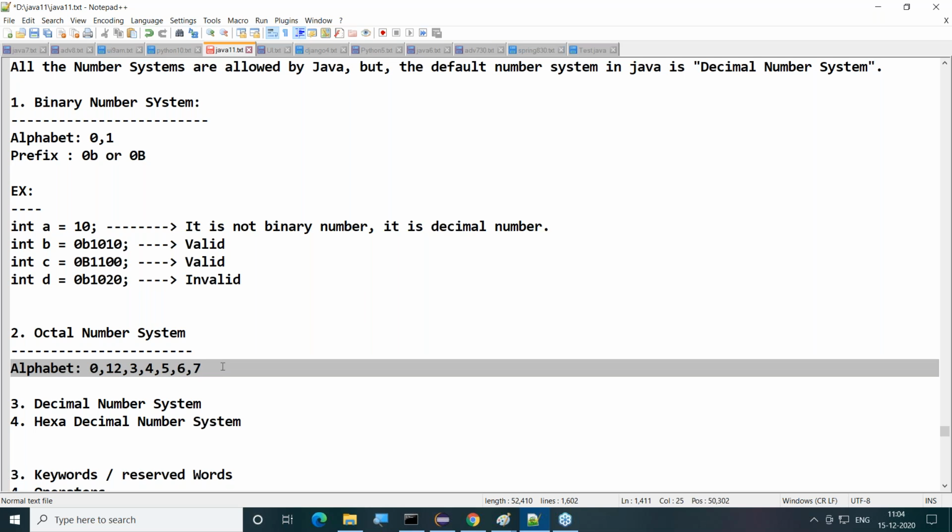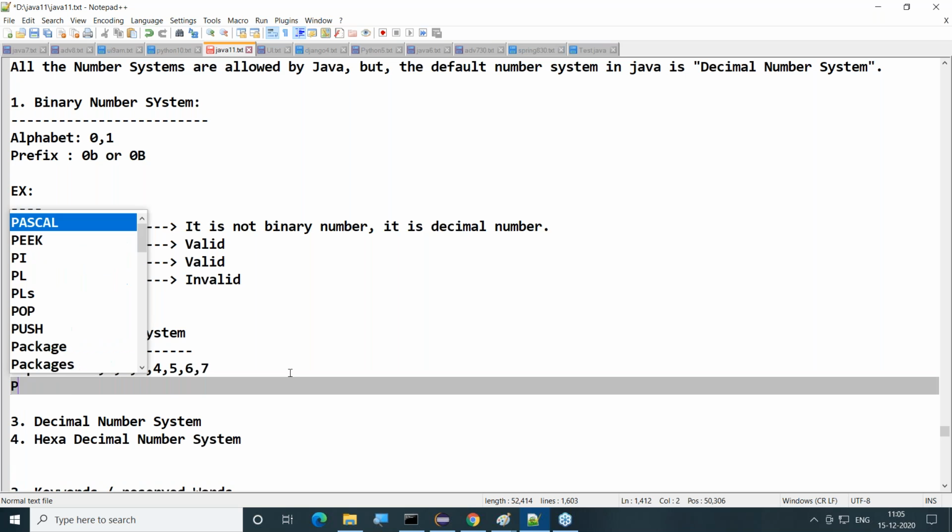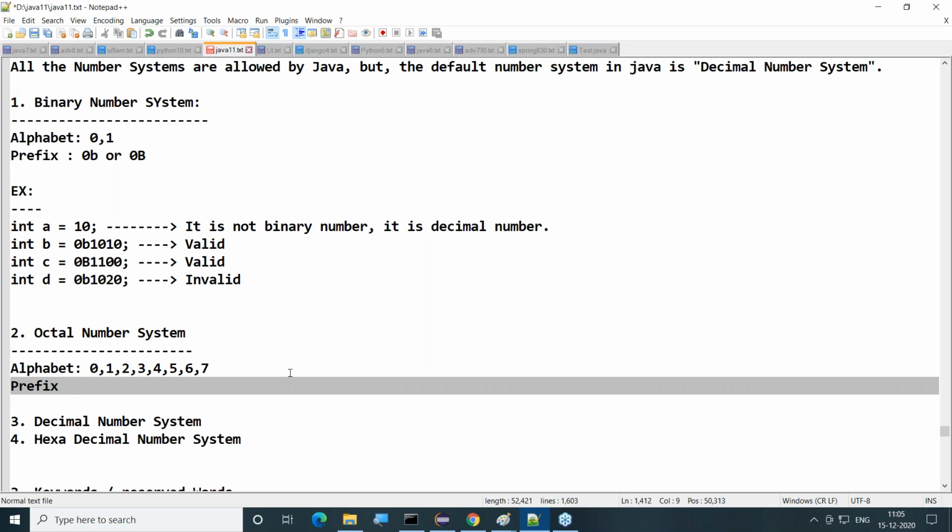Input alphabet would be, yes Satyakumar, you are professional here, I know. 0, 1, 2, 3, 4, 5, 6, 7. Now this is the input alphabet, but the prefix value should be... don't worry, nothing I completed, I just started the octal number system. At 11 o'clock I started here, but the concept is going on only now. Nothing you lost.